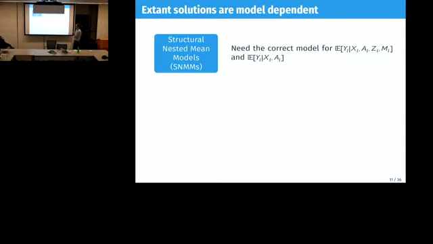In particular, structural nested mean models are part of a broader class of models that are trying to use regressions of y, the outcome, on these covariates in order to identify these effects. They're going to require us to specify some conditional expectation function for y conditional on everything, and then a separate conditional expectation function for y conditional on just x and a.